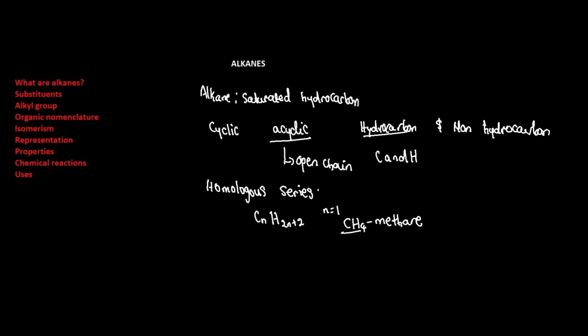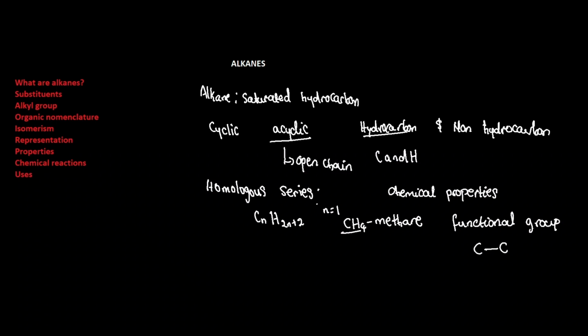This family of organic compounds also exhibits similar chemical properties, and this is due to the particular functional group possessed by such a homologous series. For the alkanes, the functional group is a single bond.